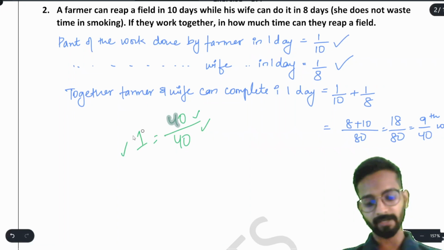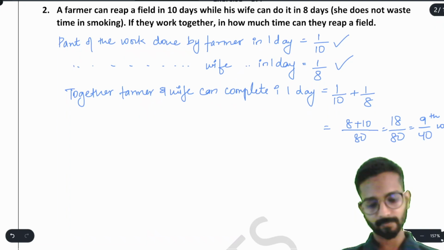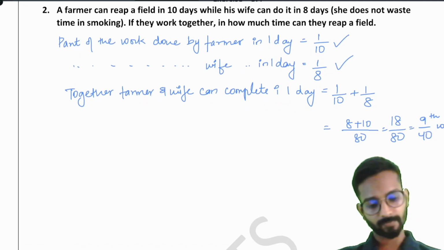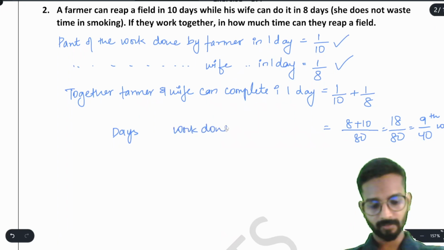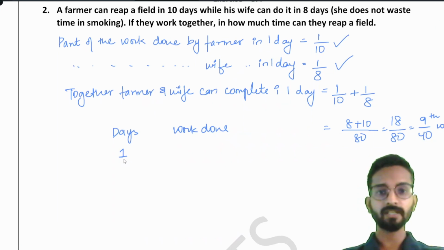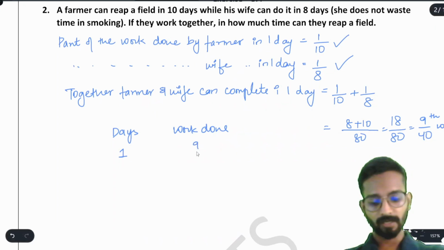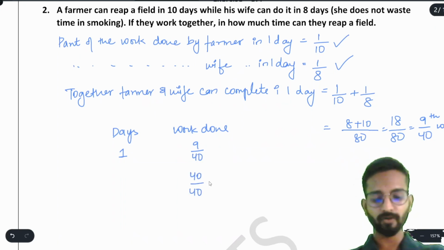So if I write here number of days, work done, if one day we are taking, farmer with his wife can complete how much work? 9 by 40. So if I am saying that I have to complete the work, it means 40 by 40.